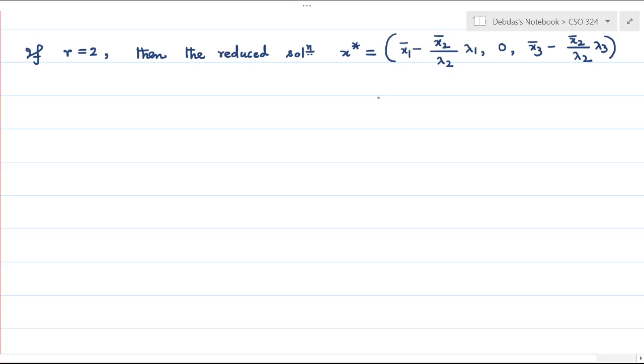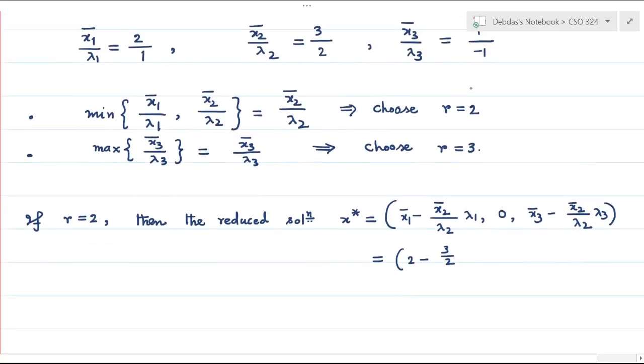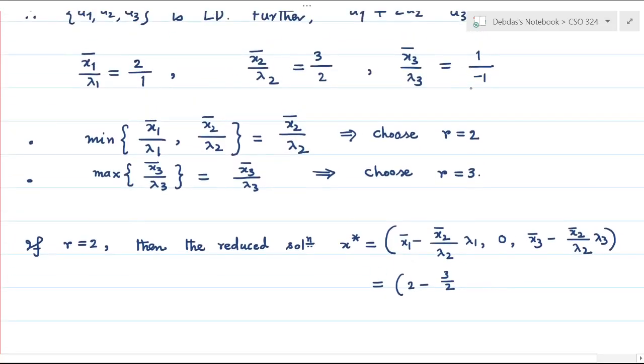Fine. And this will now give you, now you calculate, x1 bar is given by 2 minus x2 bar divided by lambda 2, it is your 3 by 2, and lambda 1 value was 1. Fine.